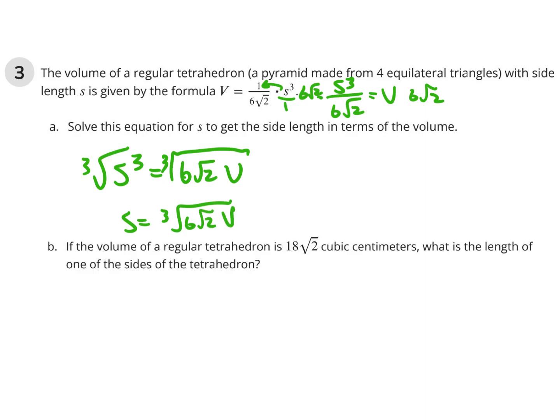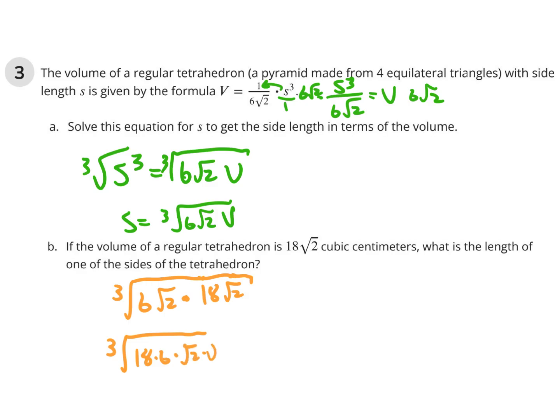All right, so for b, if the volume is 18 root 2, so the cube root of 6 root 2 times 18 root 2, we get the cube root of 18 times 6 times root 2 times root 2, which is root 2 squared.